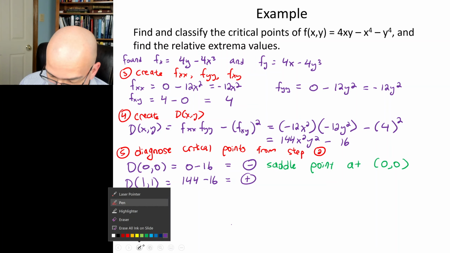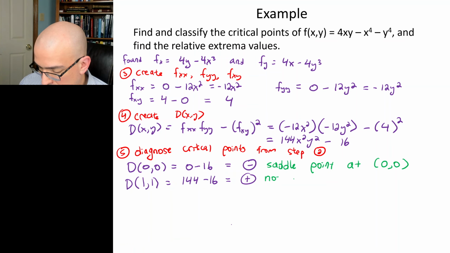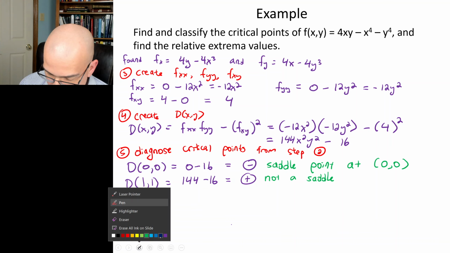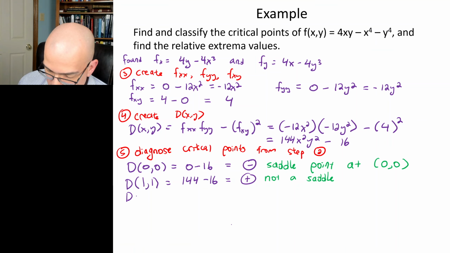So that means it's not a saddle. D at negative 1, negative 1 is also positive 144 minus 16, since negative 1 squared is 1. It's also positive, so it's also not a saddle.